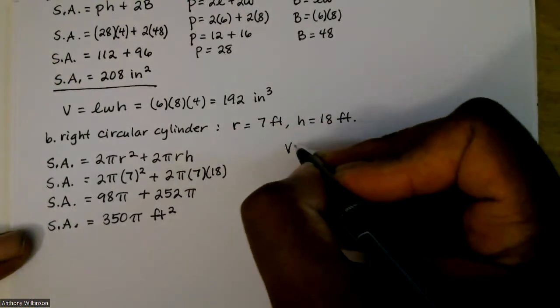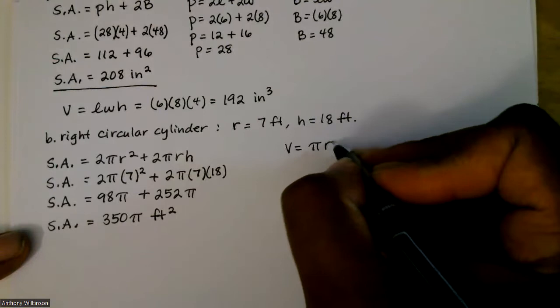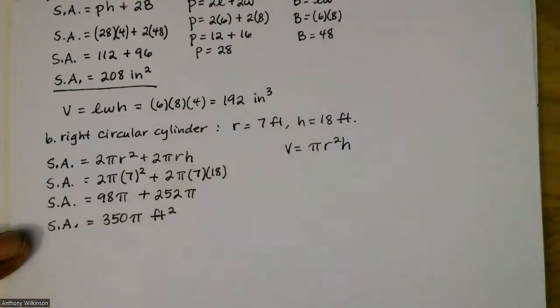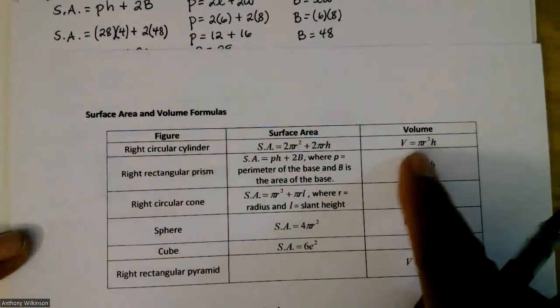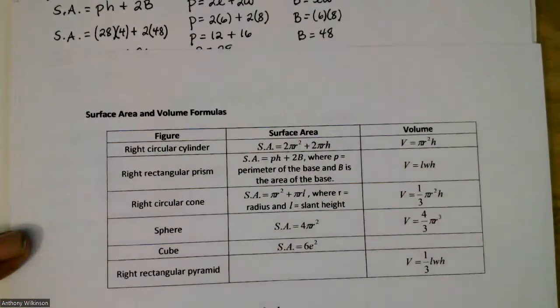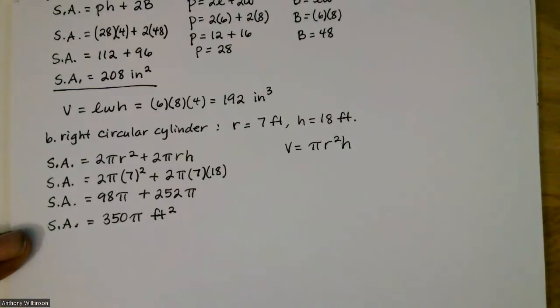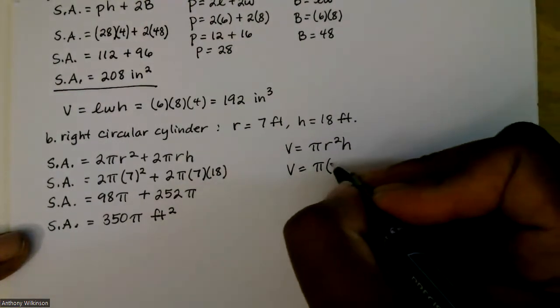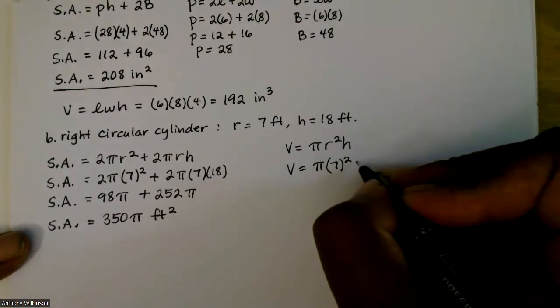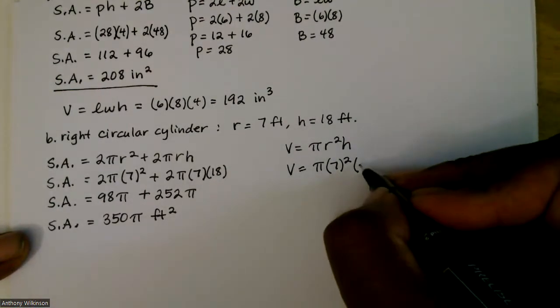So that would be the surface area of the right circular cylinder. Now for the volume. That's the formula for finding the volume of a right circular cylinder. Pi times the radius squared times the height. So here, volume is equal to pi times the radius, which is 7, and that's going to be squared, times the height, which is 18.